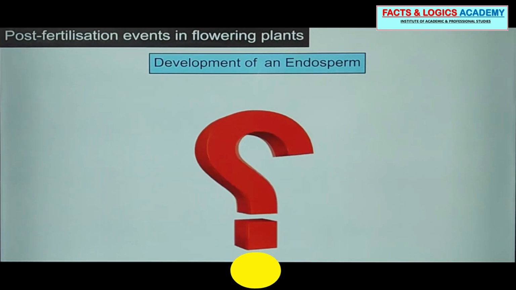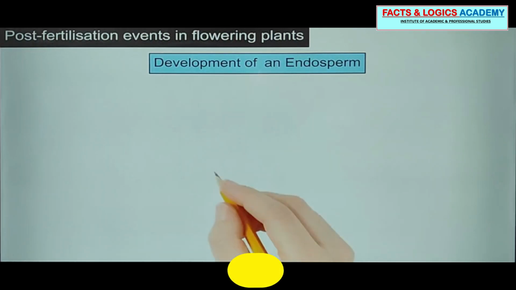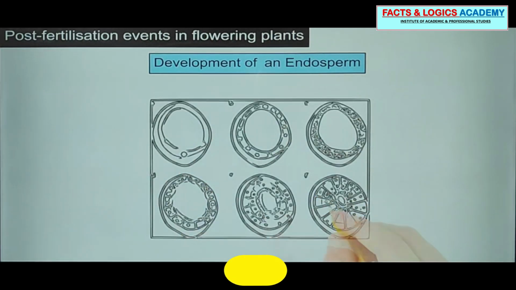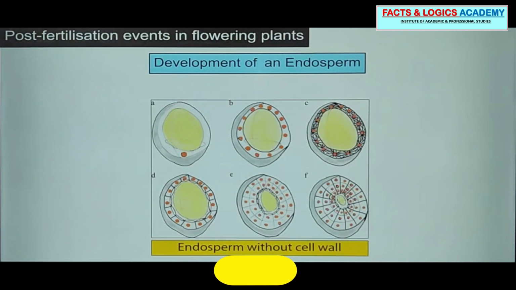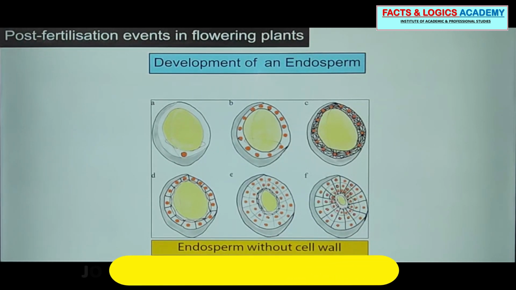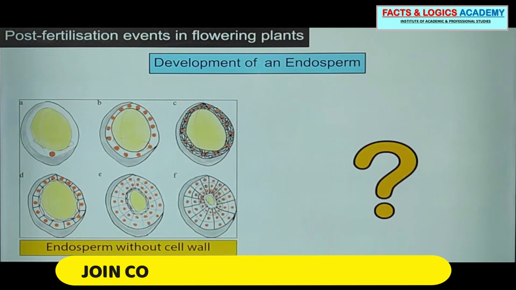So, what happens next? The nucleus of the primary endosperm cell now undergoes repeated mitotic division to form the endosperm tissue with no cell walls. But what is the role of this endosperm?